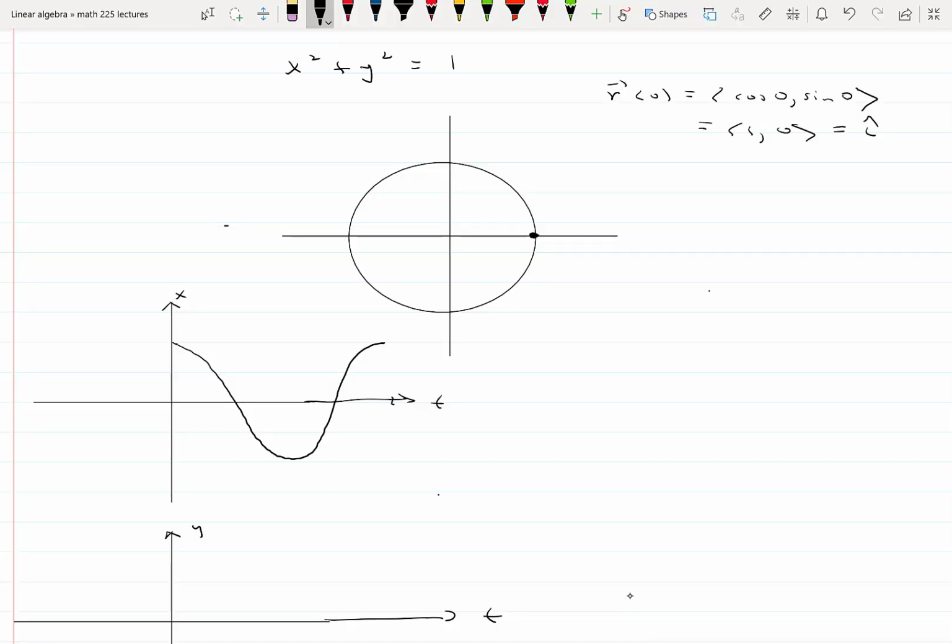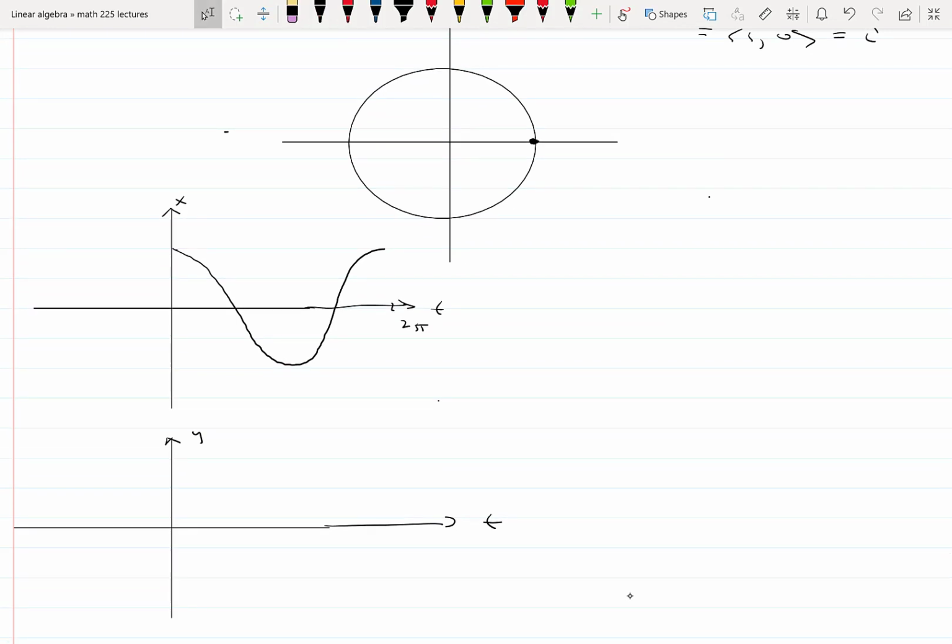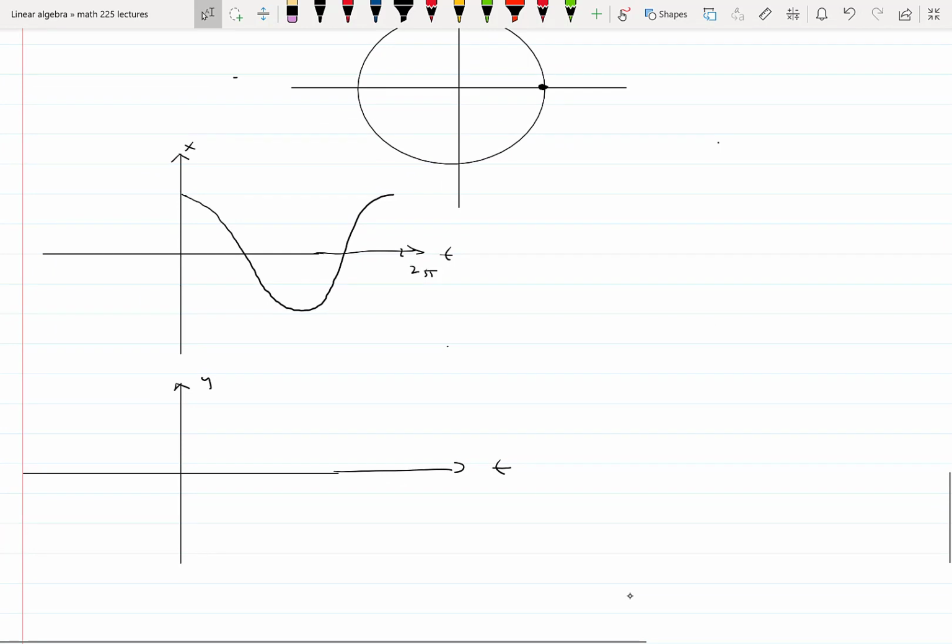So here's one period of the x coordinate graphed, and right beneath it I'm going to graph the y coordinate. The y coordinate is y equals sine of t. And sine of t and cosine of t, the graphs are identical in shape.